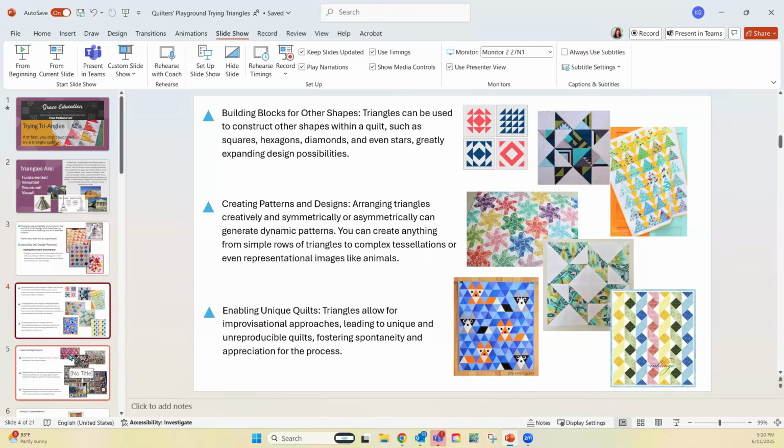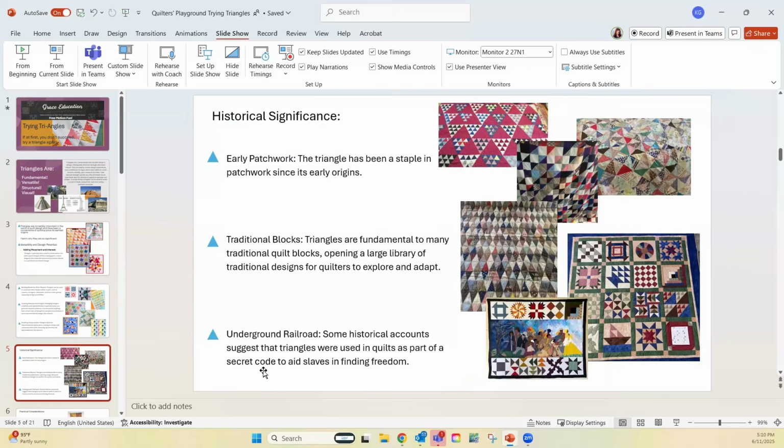And they're not just one kind of triangle, there are several that bring that perspective. And they do have historical significance. So I pulled a lot of these antique quilts. We have the traditional blocks, we have the Underground Railroad, and how our ancestors used triangles to create these interesting quilts and put them together.